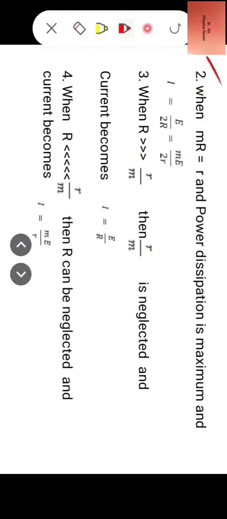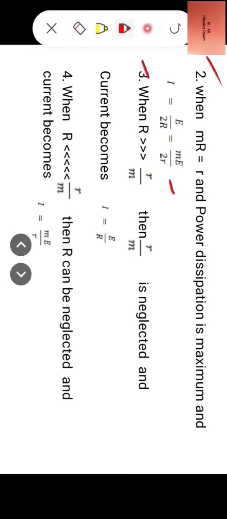2. When R is equal to r by M and power dissipation is maximum, then I is equal to E by 2R, is equal to ME by 2r. 3.